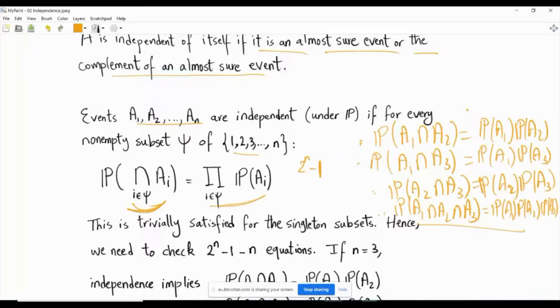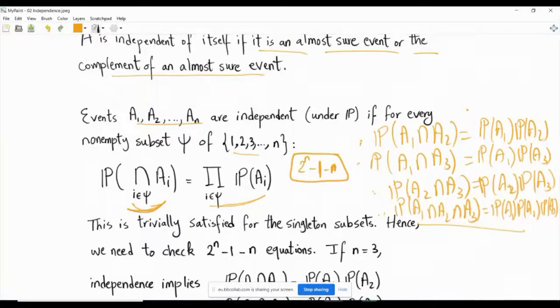If you exclude the singleton subsets, where you take an event on its own, then there are n singleton subsets, so you subtract them. These are the number of checks that you need to do if you want to check the independence of n events. If n is equal to 3, this is 2 to the power 3, which is 8, minus 1, that's 7, minus 3, that's 4.